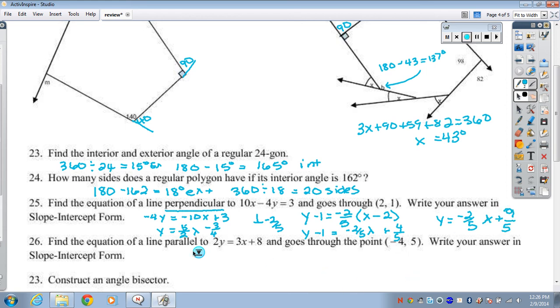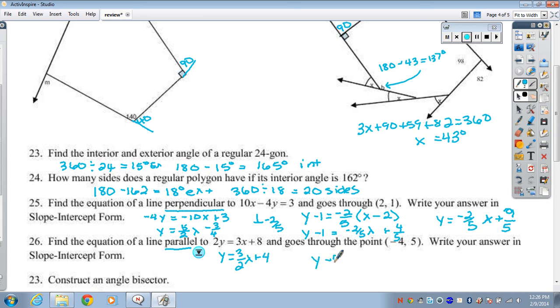All right, 26. Find the equation of a line parallel to 2y equals 3x plus 8. We know parallel lines have the same slope. So y equals 3 halves x plus 4. Use your point.